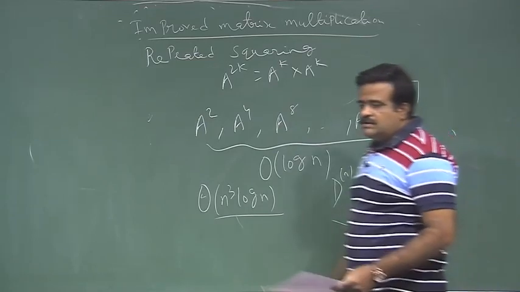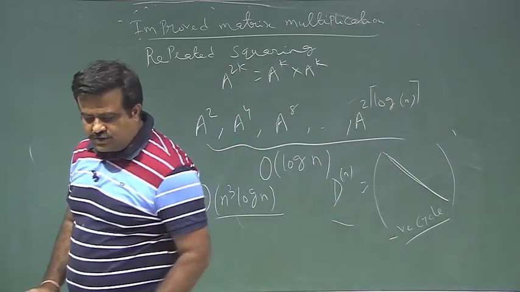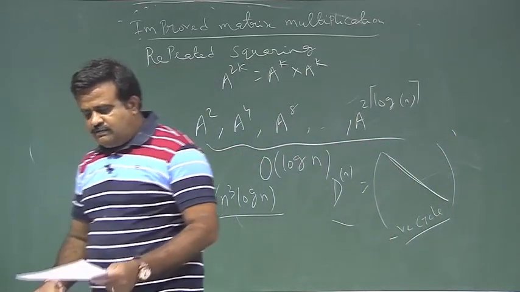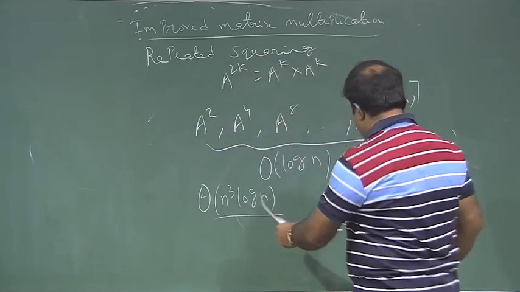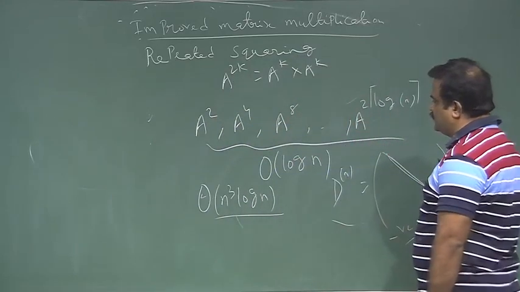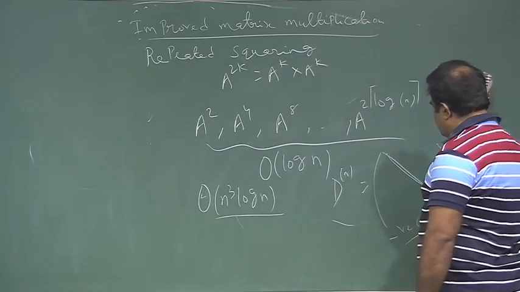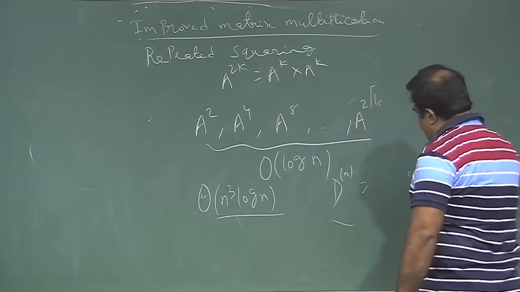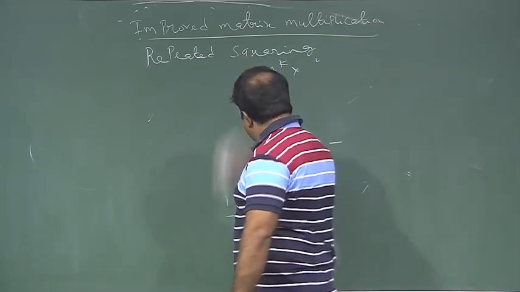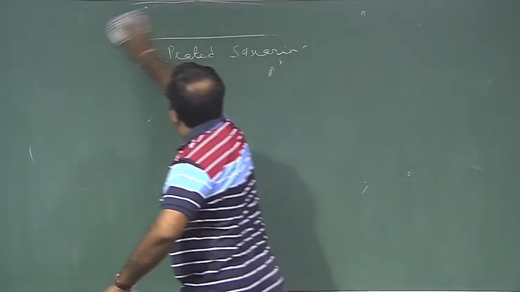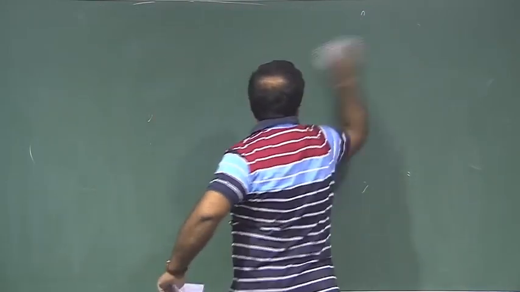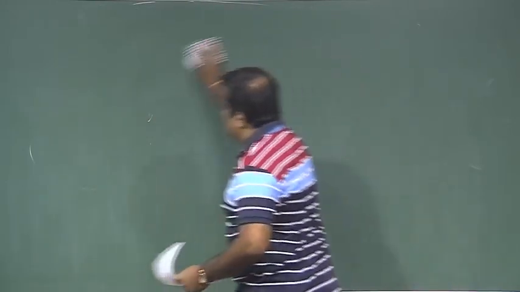Okay. Now we will discuss a better algorithm, which is called the Floyd-Warshall algorithm, which will give us order of n cube time for finding these deltas. For that we define a new variable C_ij to the power k.